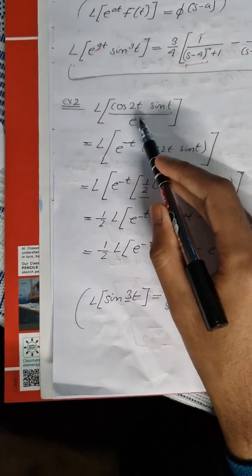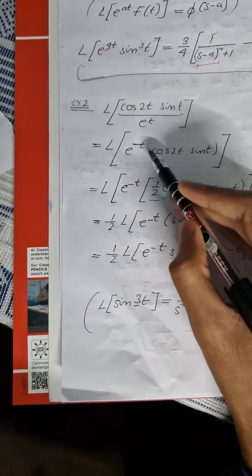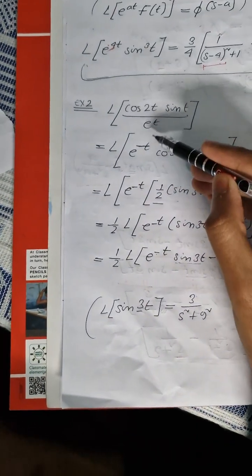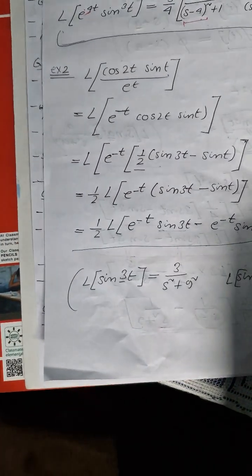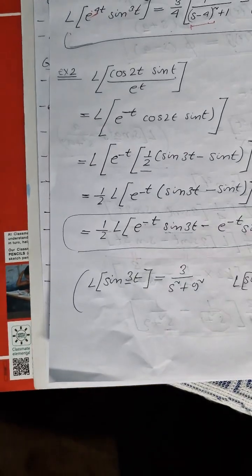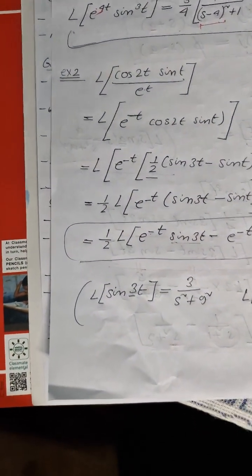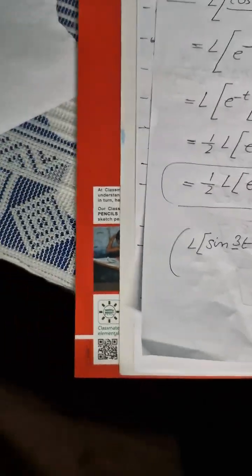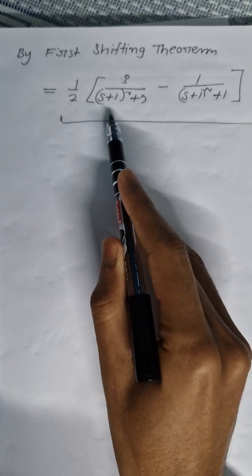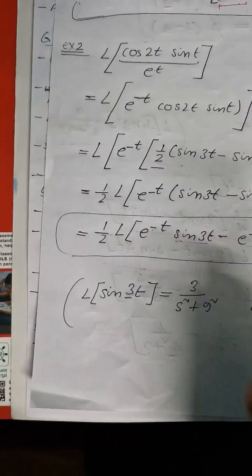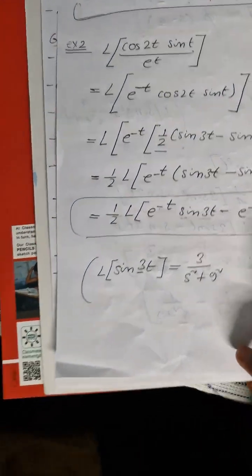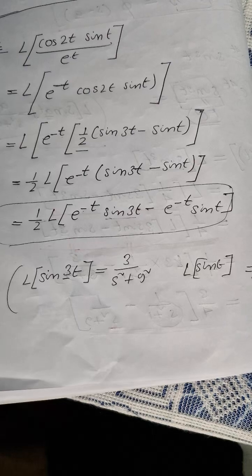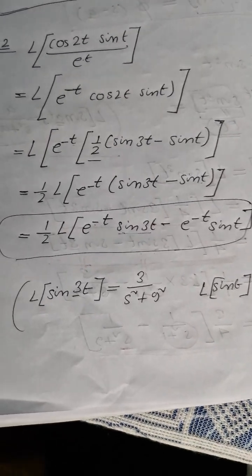Here also, when there is Laplace of cos 2t sin t by e to the power t, when we put the e to the power t term in the numerator, it becomes e to the power minus t. Now in this line we can see e to the power minus t, so it becomes s plus a, which is the constant. So we can see on the next page that it becomes s plus 1 squared, because the minus is in the power. When this is minus t, it becomes s plus a in the phi value, that is in the function value.